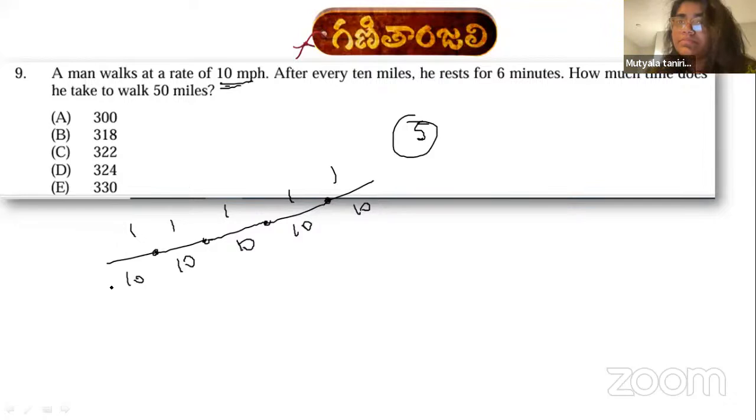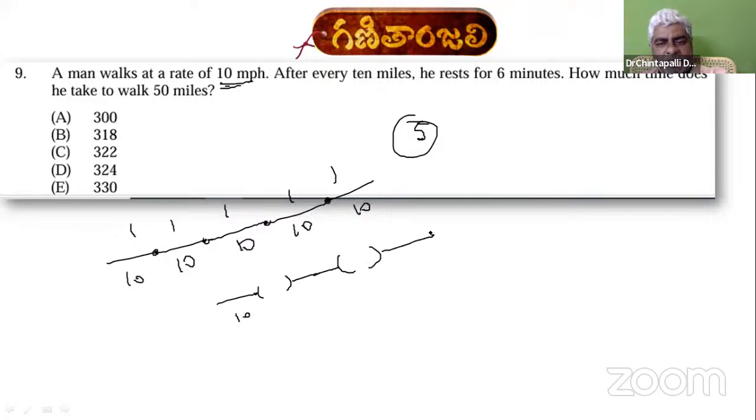But he has a break at each completion of 10 miles, a 6 minute gap. After 10 miles, a 6 minute gap, then 10 miles, a 6 minute gap. 10, 20, 30, 40. After the completion of 50 miles, there is no need to count the rest.